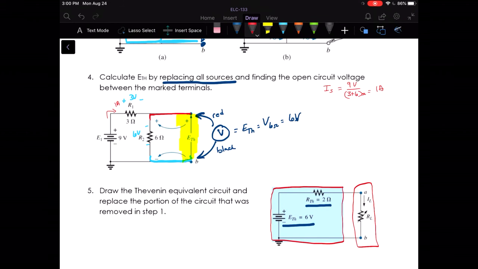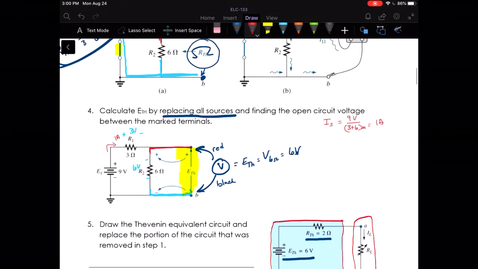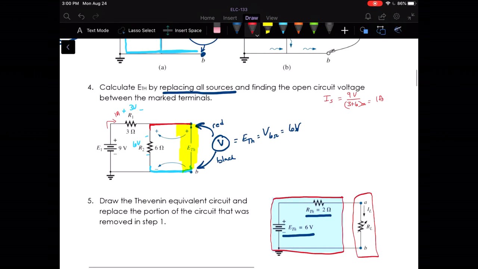Now what that means is whatever voltage and current I had at terminals A and B before, I still have at terminals A and B with a simpler circuit.